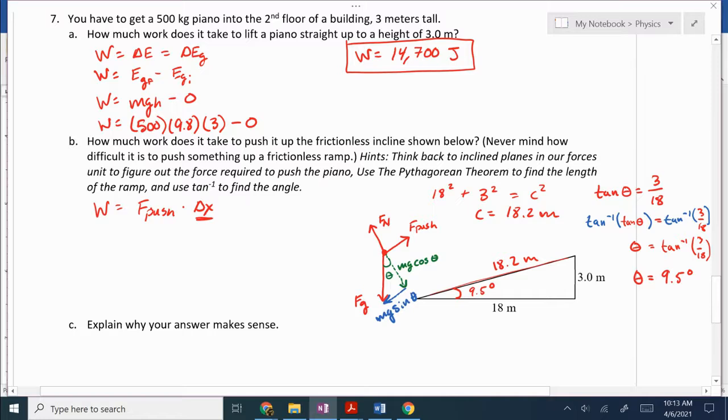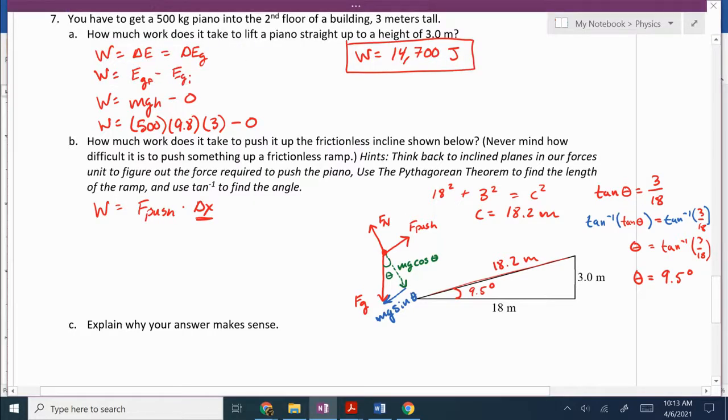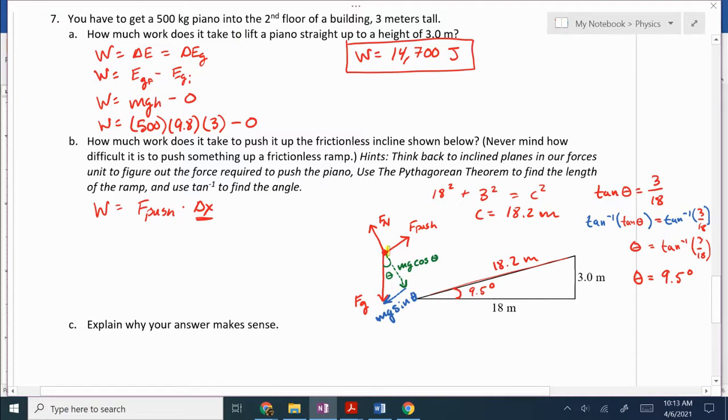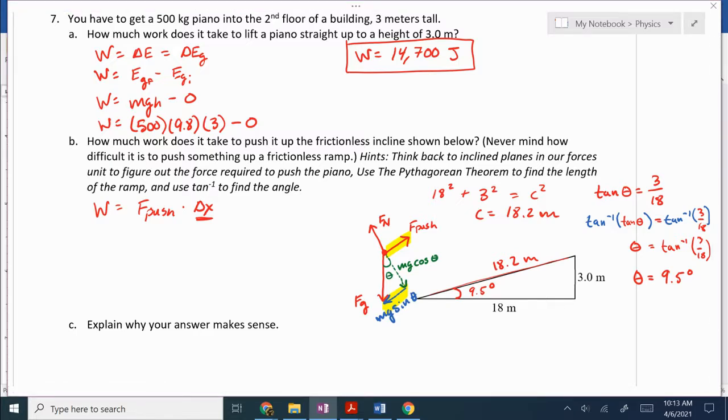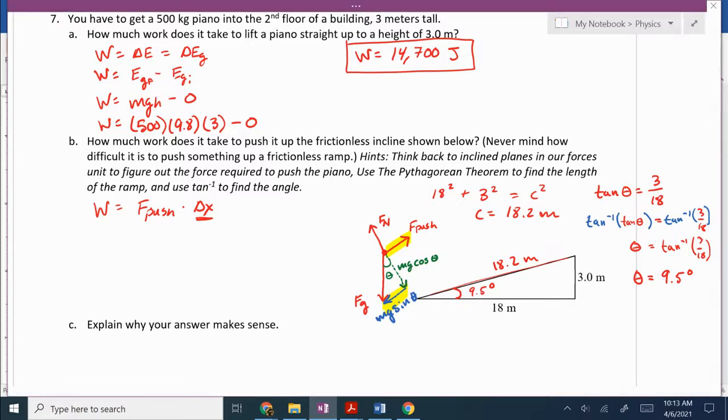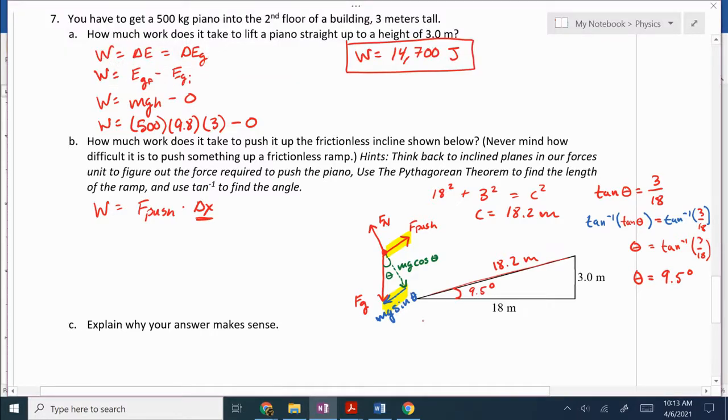And that part's going to become mg sine theta. What ends up happening is this force and this force have to be the same because it's moving at a constant speed. So F push has to equal mg sine theta, because it's moving at a constant speed.